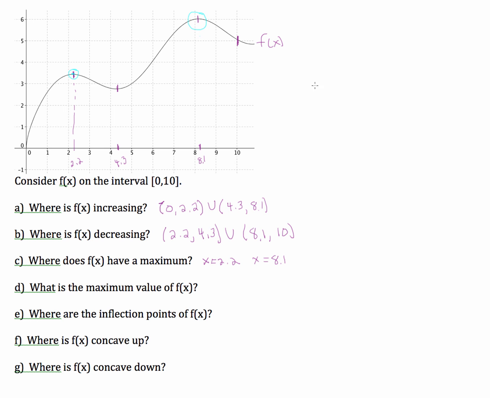If it asked for the global max, so the global max would be the biggest point on there. So that would be at x equals 8.1. But at 2.2, it's considered a local max. So usually if it asks where does it have a maximum, you'd say all the places there are maximums.